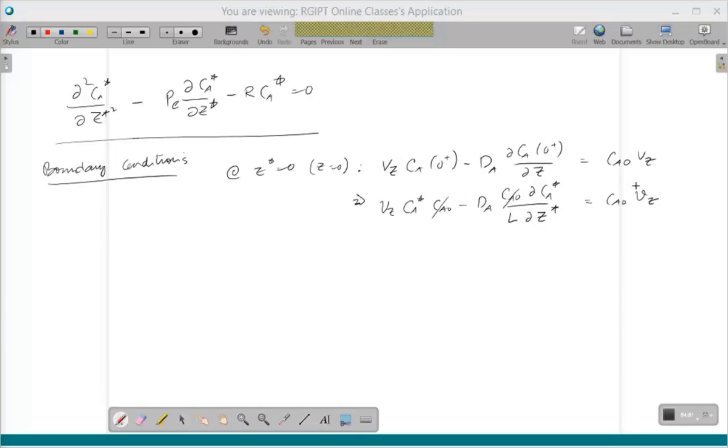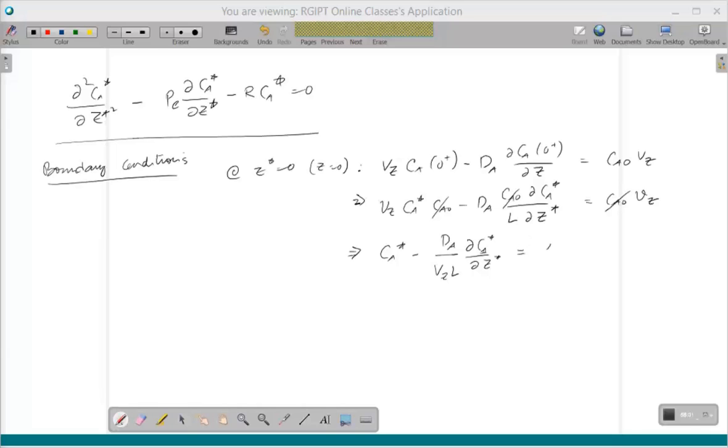Now I can cancel out Ca0 from all these. That would give me Vz. So I can write Ca star minus dA over Vz L times d Ca star by d Z star, equal to 1, when I divide by Vz.